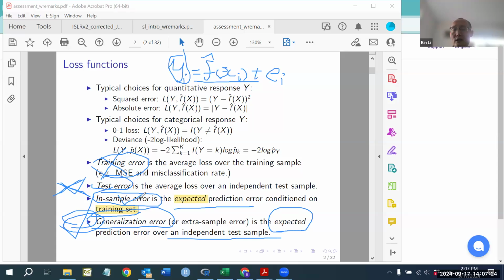That's an easier question to answer. And the test error can also be used, so we can find a model to minimize the test error on a particular test set, as an alternative.